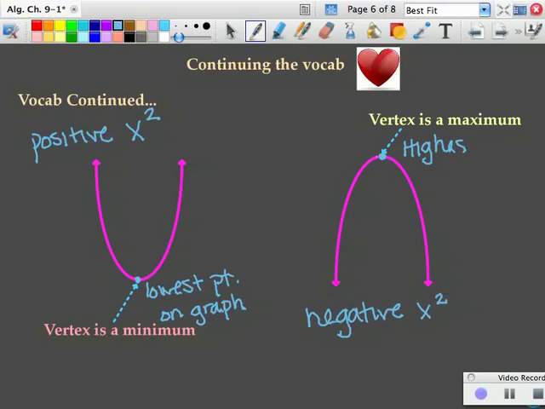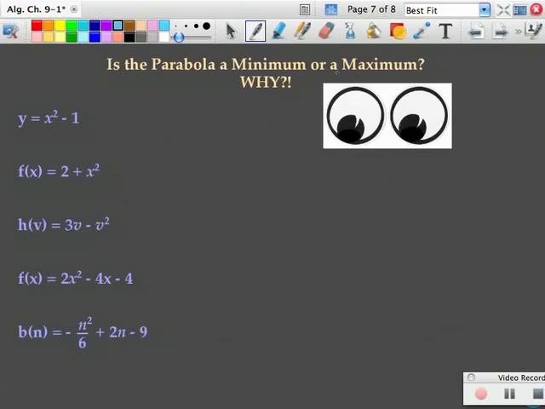Now the reason I say this is tricky is because you see negative x squared and think, oh, negative means small, so it's minimum. But that's not right. Think of it in terms of the actual shape of the graph. Same with x squared. If you see x squared like that, even though it's positive, the vertex is actually a minimum because it opens upward as opposed to downward. Okay, so is the parabola a minimum or a maximum, and why?